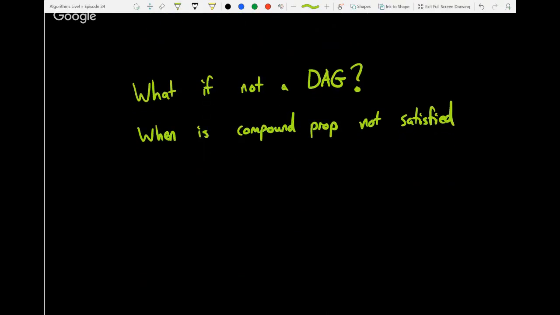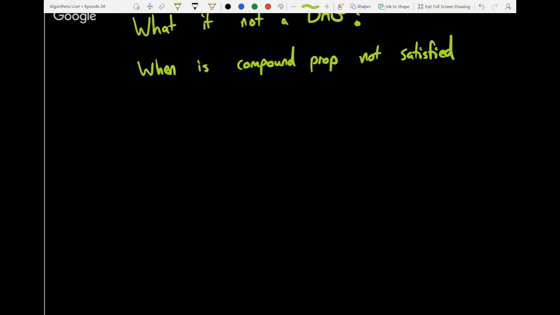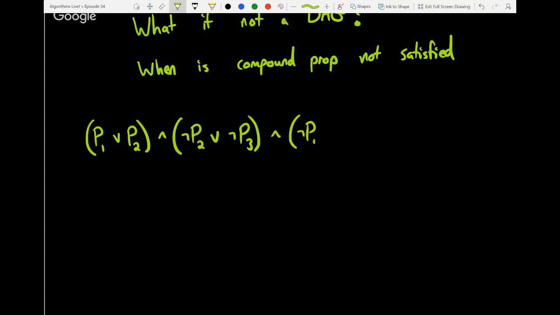Okay, so I'm going to write one out. I'm just going to write one that isn't satisfiable, and we're going to see what happens. This one's also going to have cycles. So I'll do P1 or P2, not P2 or not P3, not P1 or P3, and the last thing I'll do is P3 or not P2.